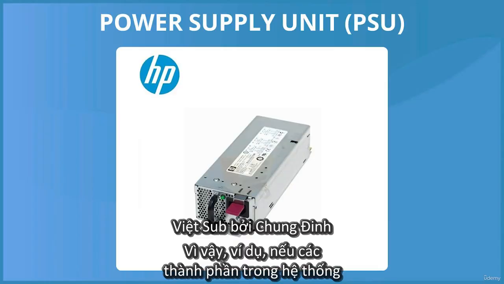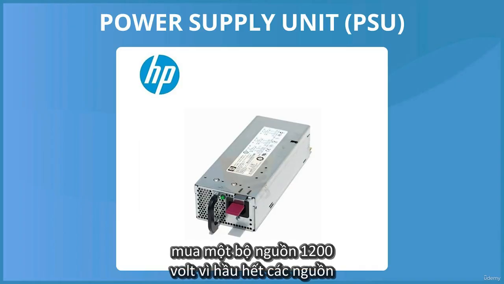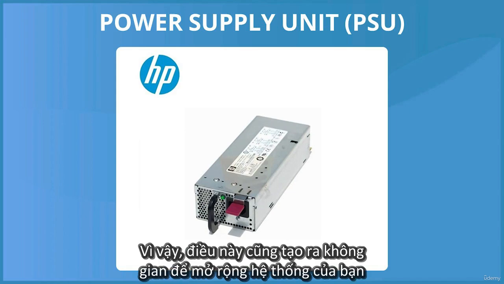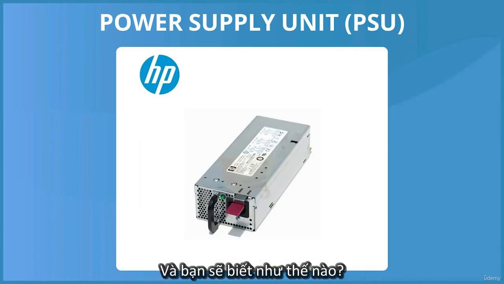So for instance, if the components in your system require 600 volts, certainly it would be ideal to buy a 1200-volt power supply unit, as most power supplies have the highest efficiency at about 50% load. Make sense? So this also allows for room to expand your system with further components if those are needed later, and how are you going to know?